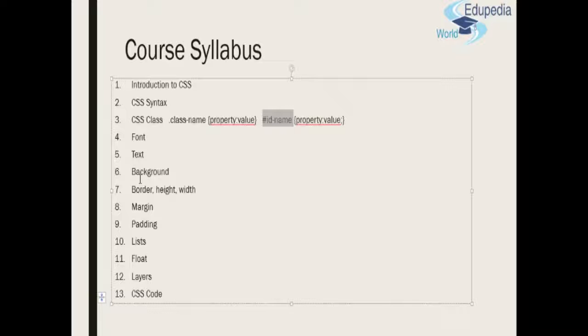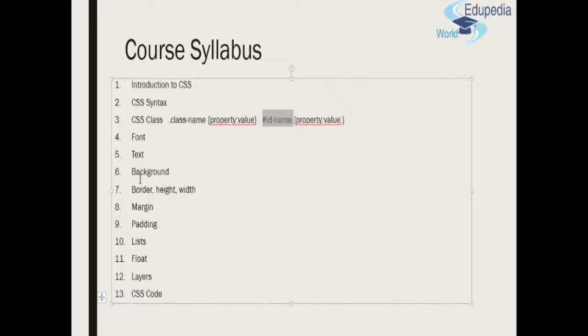All of these things we discussed within the font, and I hope you are able to control your HTML documents in greater depth and greater detail using the CSS course.